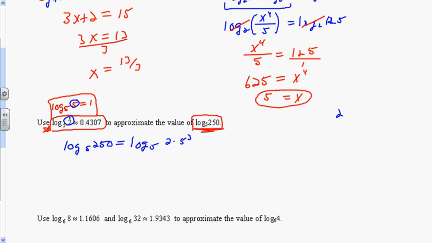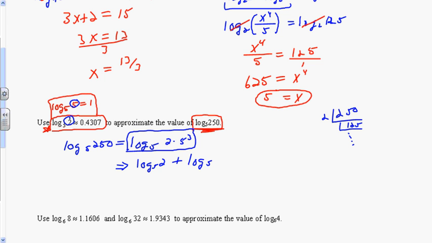Remember how we did 250? And then, okay, what goes into that? 2, 125, etc. And you get 2 times 5 times 5 times 5. Now this is more useful to us. We can then write this as log base 5 of 2 plus log base 5 of 5 to the 3rd.